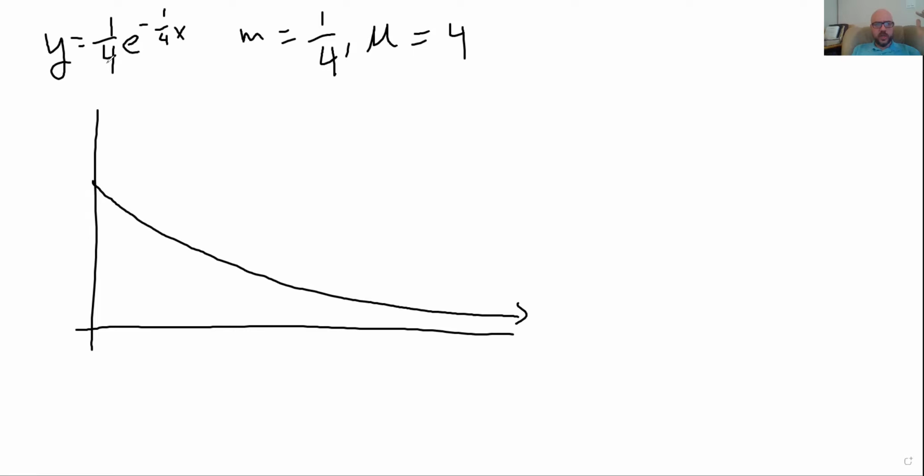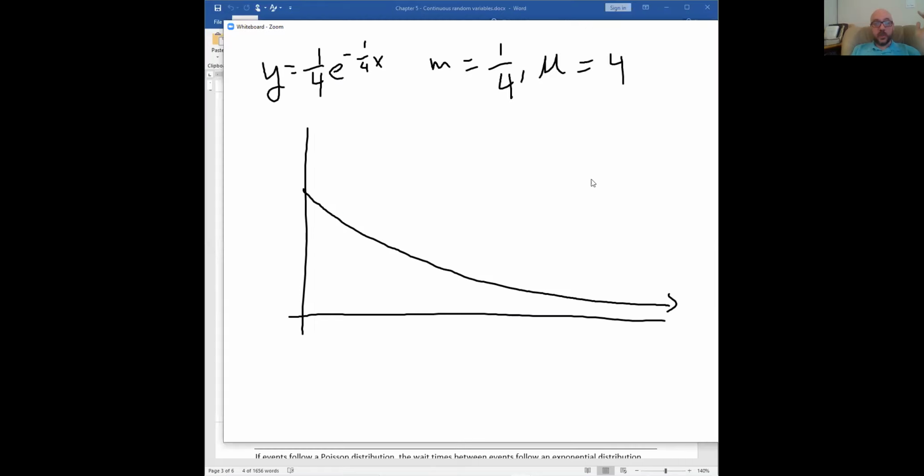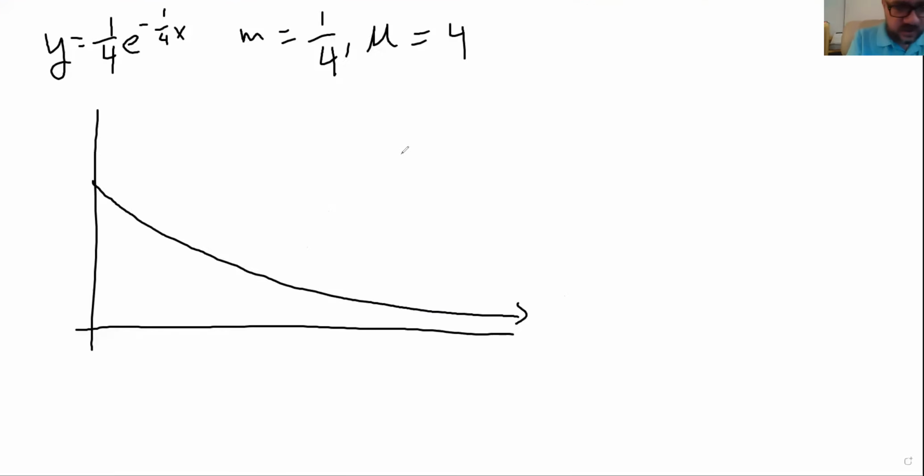So the question here was the probability that it fails within the first 3 years. So it lasts 3 years or less, right? So I've got 3 here, and I want to know the probability that we fall into this area here.